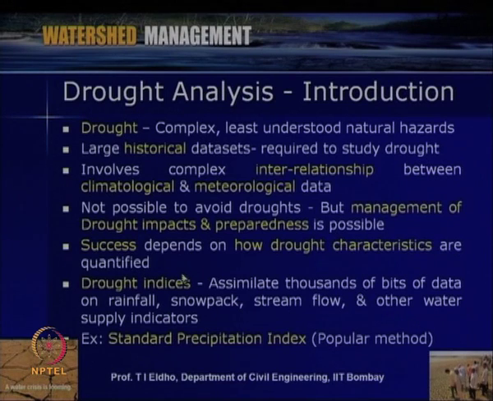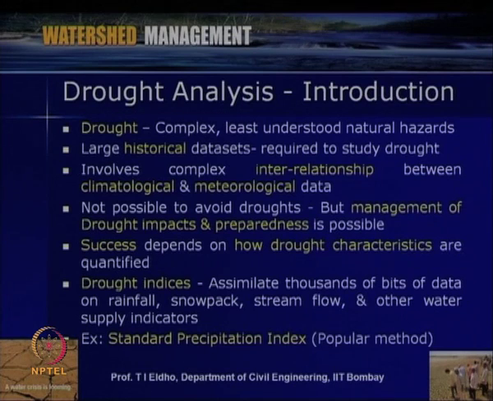These numbers assimilate thousands of bits of data on, for example, rainfall, snowpack, stream flow, and other water supply indicators, and give some numbers. Those numbers show the intensity of the drought, the onset of drought, or various characteristics of the drought.